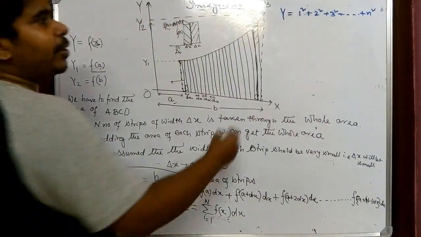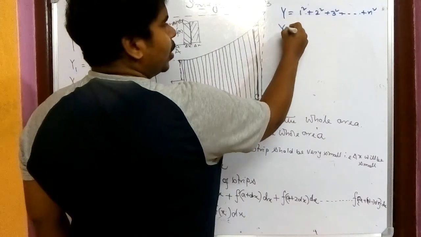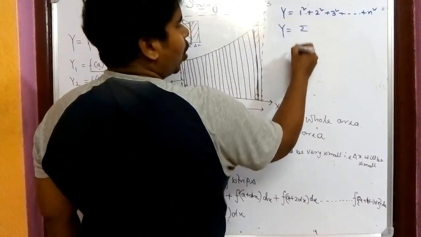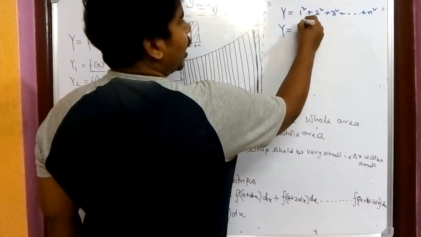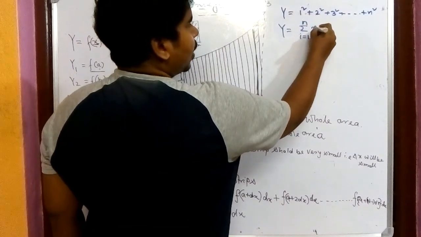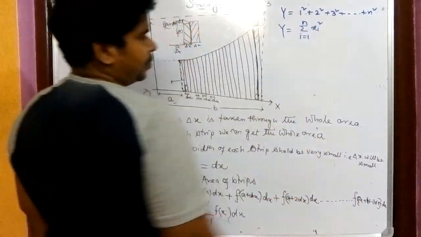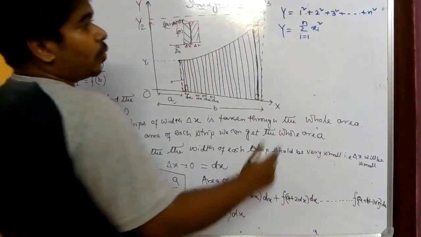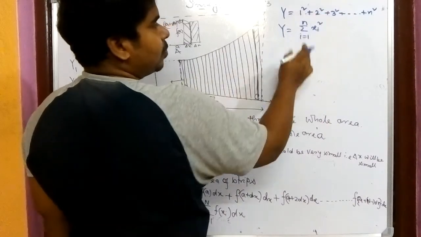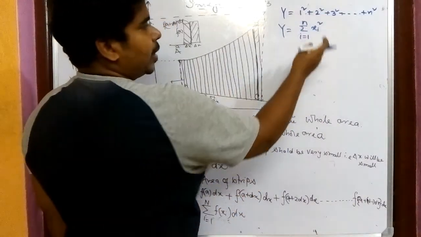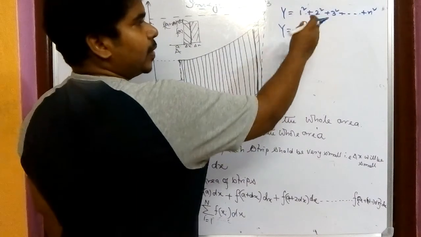So it can be written as y equals summation of i equals 1 to n, xi square. Okay, so first the value of x is 1, so it is 1 square, then 2 square, then 3 square.